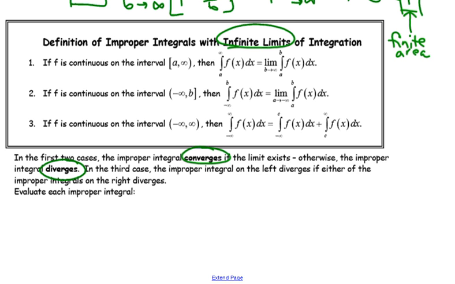If you look at numbers 1 and 2, we have, first of all, a to infinity, and in number 2 we have from negative infinity to b, and then we have a case where both sides are limits of infinity. Notice we're replacing the infinite bound by a or b in calculating that limit. If we have from negative infinity to infinity, we have to split it into two different integrals.